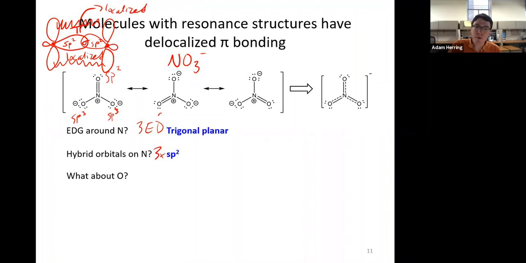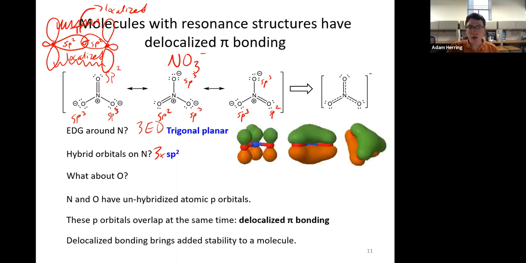However, it changes between the resonance forms. So we can't be sp2 and then sp3. It turns out that the oxygens are all sp2 hybridized.